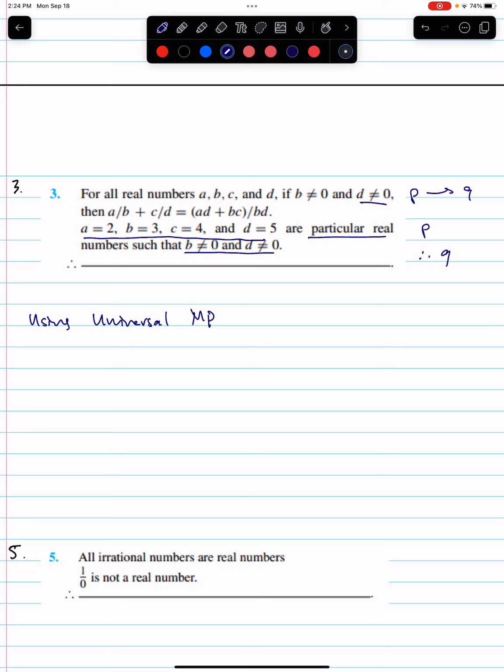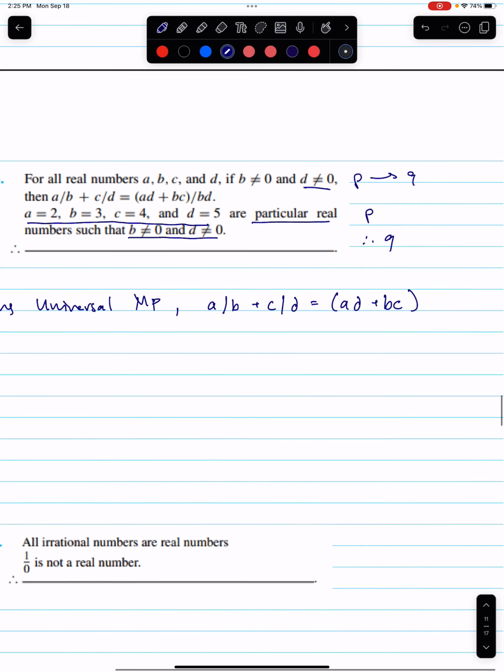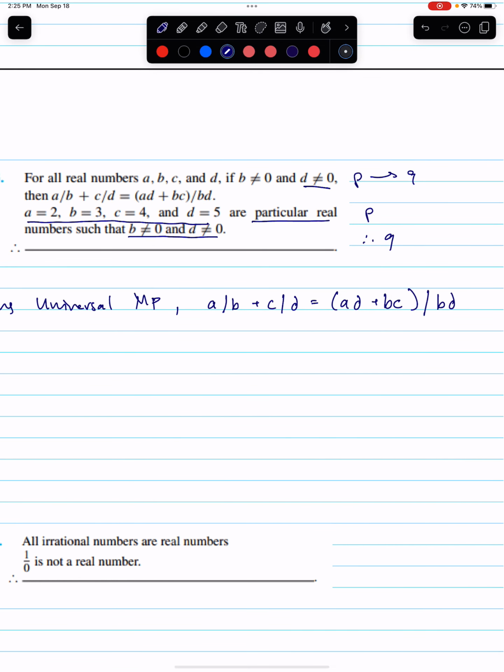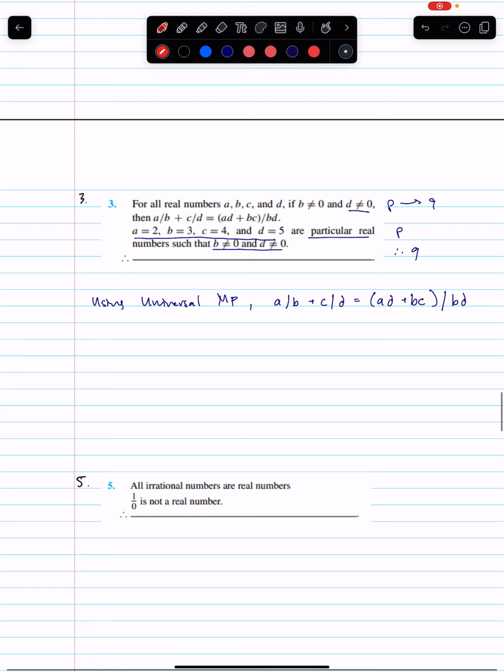I'm just going to use MP as a shorthand way of modus ponens. I'll say A divided by B plus C divided by D equals AD plus BC divided by BD. That's it. We don't need to substitute in the numbers or anything.